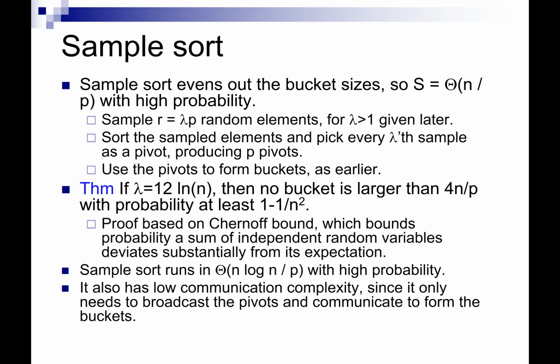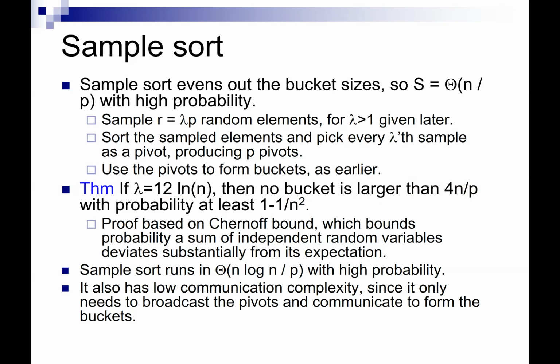Now the claim is that this is going to produce much more even pivots. So more precisely, suppose we pick lambda to be this value, 12 times log n. Then the claim is that no bucket is going to be larger than 4 times this optimal size, 4 times n divided by p, with probability at least 1 minus 1 over n squared.